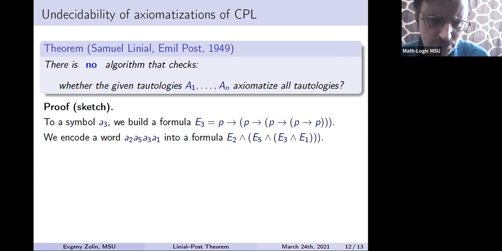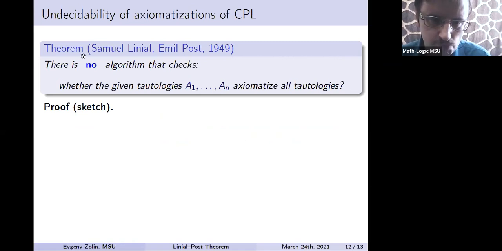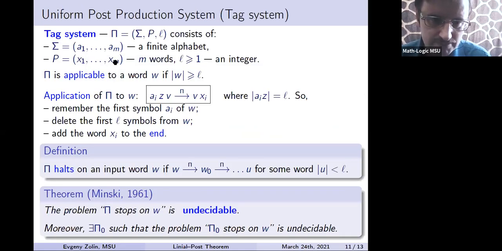And then we need only to represent our tag system, so these words x1 through xm and these transformation rules, into axioms. And we will have axioms that say approximately like this.